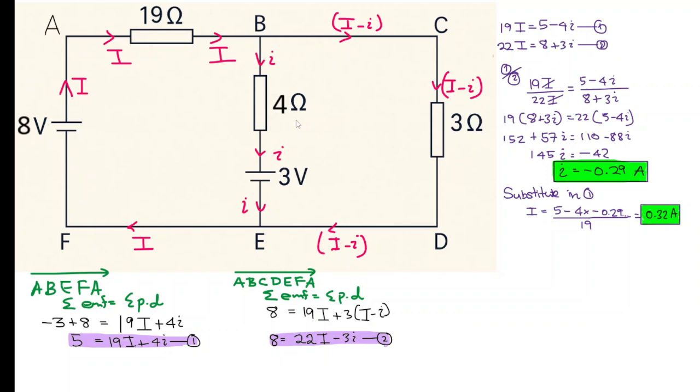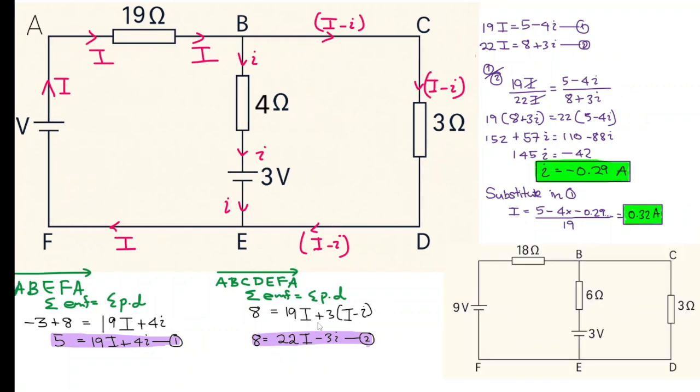Now I'm going to again get a small diagram of the same circuit and show you how the current works. Now you don't really need this part for this particular question because the question was only about finding the current through the batteries. So the value of capital I is 0.32. So 0.32 amps go like that, and 0.32 comes to this point. Now, lowercase I is negative 0.29, so I know it's the other way.